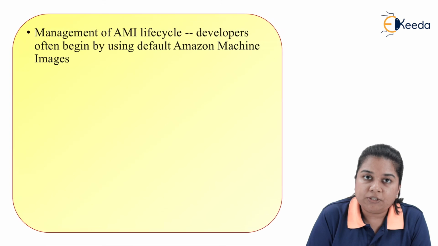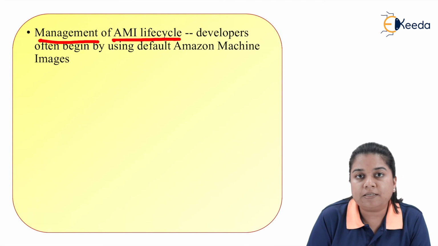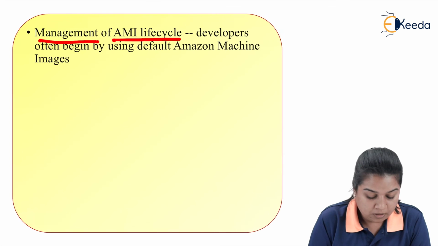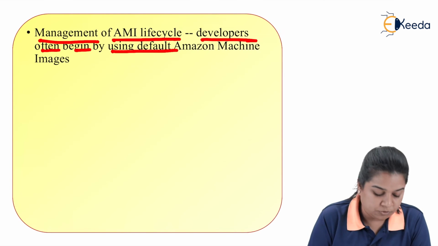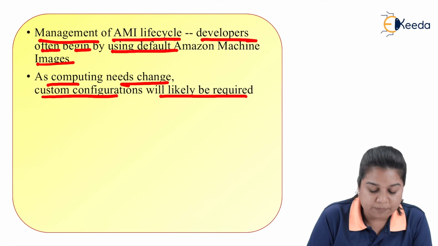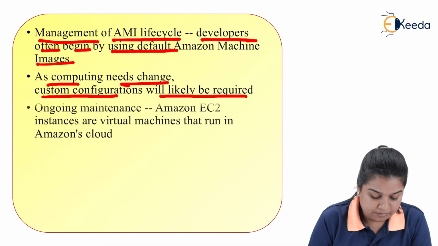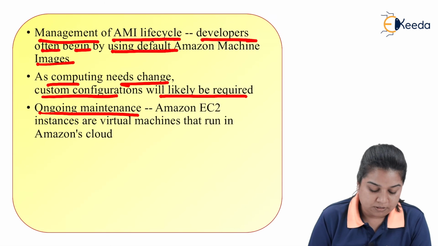Then another challenge here is management of the AMI lifecycle, that is Amazon Machine Image lifecycle. Developers often begin by using default Amazon machine images. As computing needs change, custom configurations will likely be required. Then another challenge here is ongoing maintenance.